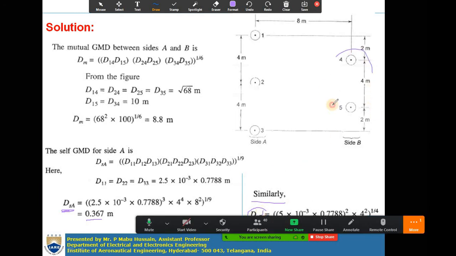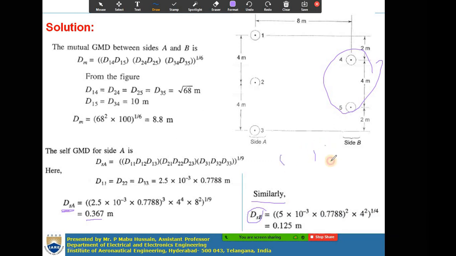So, if you take side B, you are having only 2. So, the product terms will be only 2. When you consider the fourth one, this will be D44 and D45. When you consider the fifth one, this will be D54 and self distance D55.